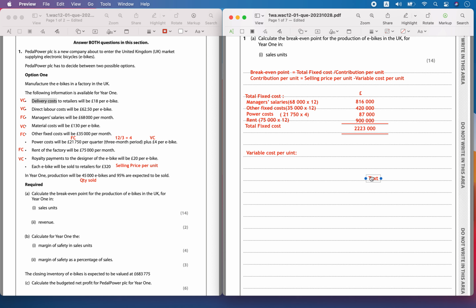So let's write all the variable costs here: delivery, direct labor, material, and the power cost which also has a variable cost, and then royalty.